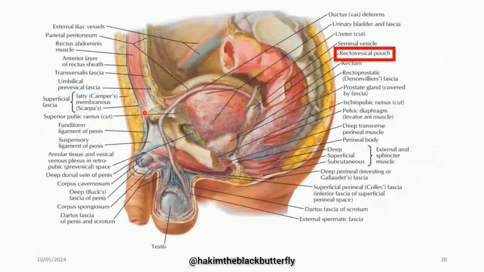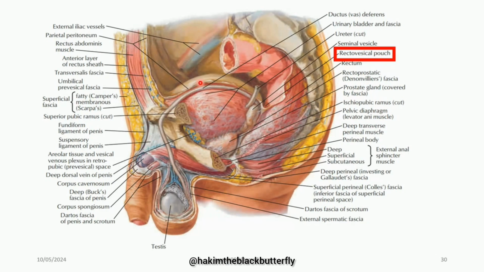All right. So here we are seeing an image showing us the pelvic structures in the male, and don't concentrate on all this, just focus on this. Okay, so remember this was our parietal peritoneum lining the inside of the abdominal wall.